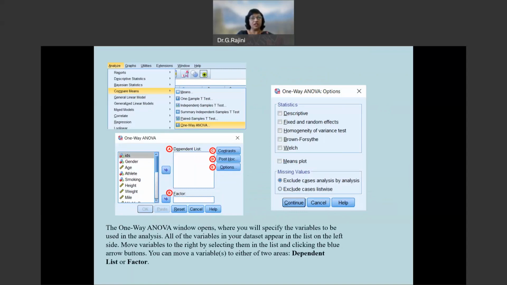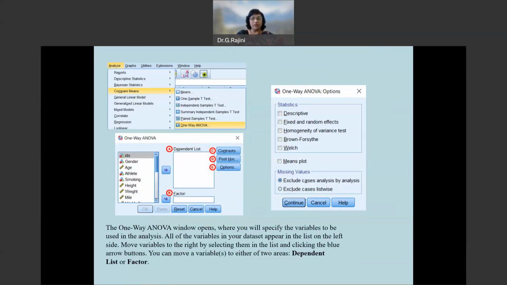This is how it looks. This is how you check. You open up the window and specify the variables to be used in the analysis. All the variables in the test data set appear in the list on the left side. You move the variables to the right by selecting them in the list and clicking the blue arrow button.